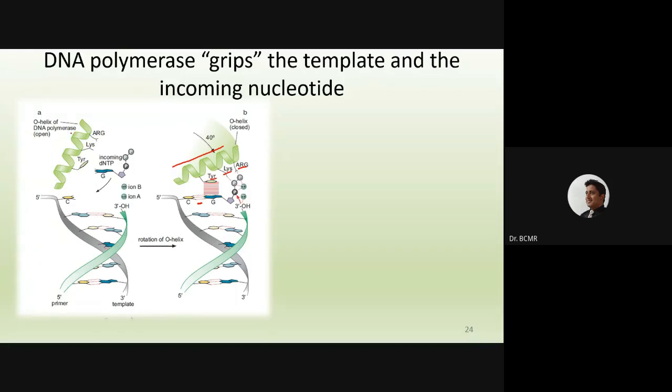So this is the O helix of DNA polymerase, which is normally like this. If the base has come here and was able to make proper hydrogen bonding, then this will form a closed complex. Tyrosine has a phenyl ring, and I'm not drawing it all, but it contains an OH, and it has a plane like this, as you're seeing here.